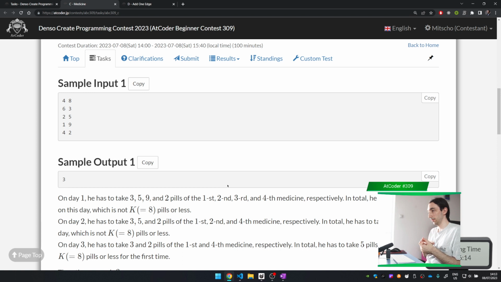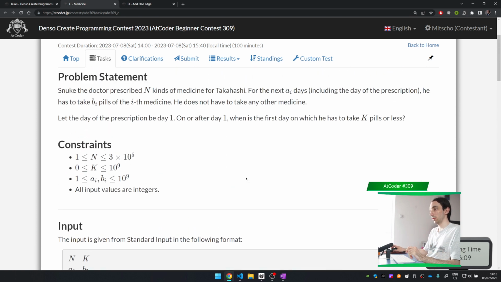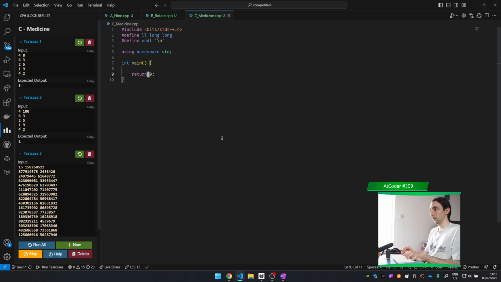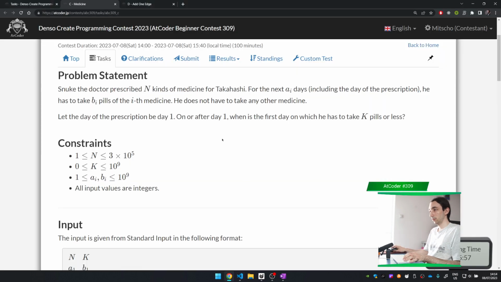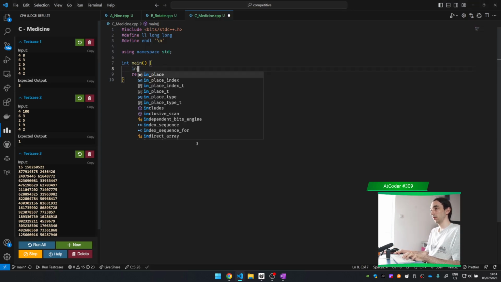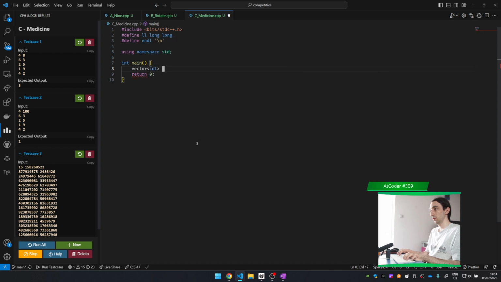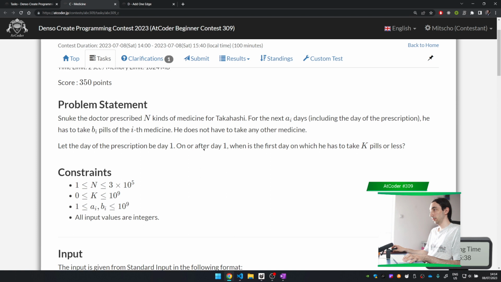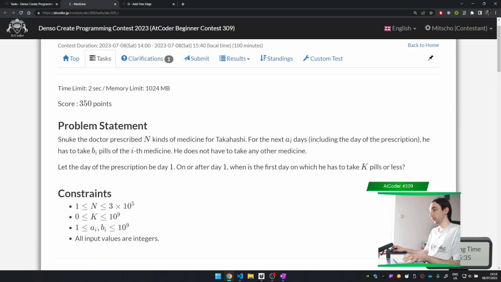So yeah, so we can just int N, K. So for the next a_i days, so we could do some binary search, but can we avoid binary search?